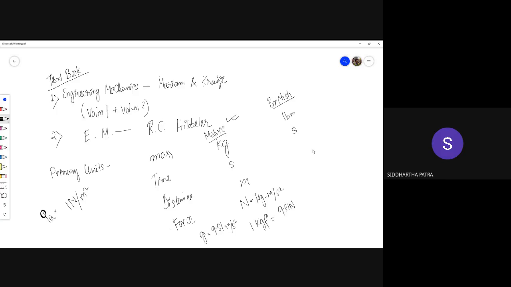You could be taking inches or yards or feet. What is the unit of force in the British system?